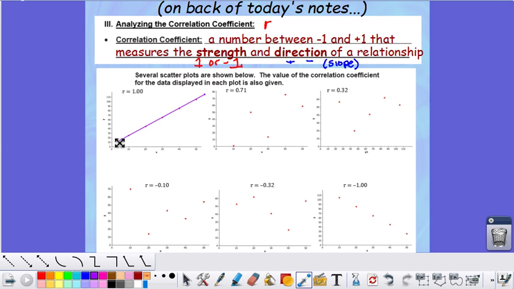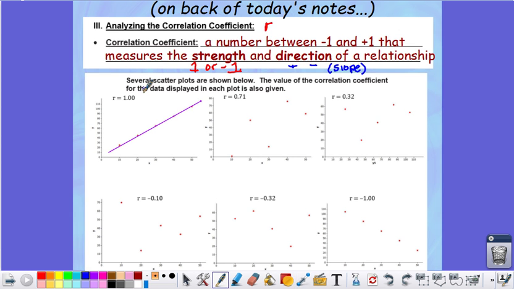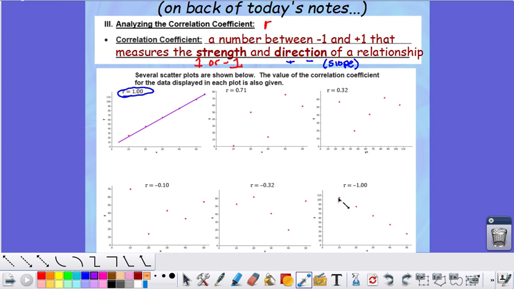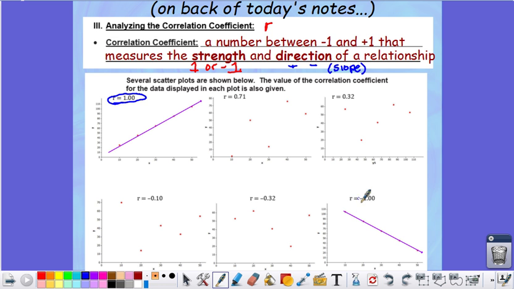So this would be considered a perfect, very strong relationship at +1. Now a perfect relationship that is negative would be here. This example where the straight line goes through every single plot on the scatter plot. This would be a strong negative relationship here at -1.